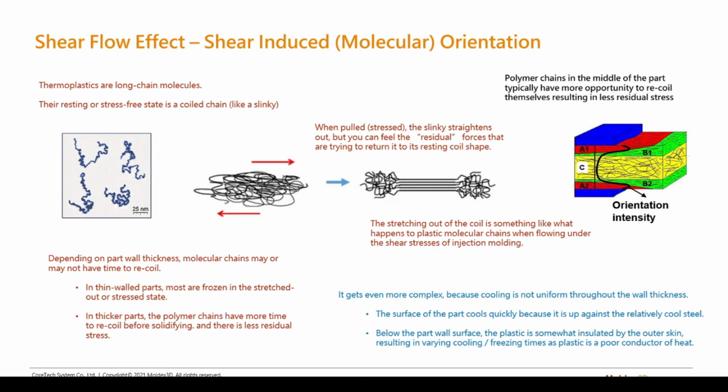Looking through the thickness of the part, we get a high molecular orientation out in the frozen layer. Right inside of that, we actually get a pretty high molecular orientation where the material is undergoing a large shear effect. And then in the middle, there's not really that much shear rate because the velocity gradient is not that high, so the orientation is not very high.